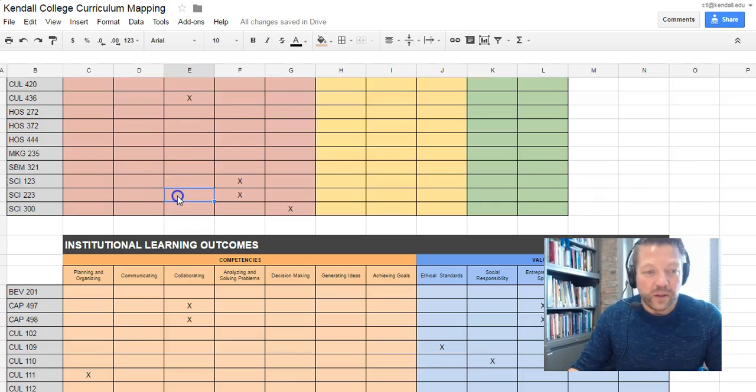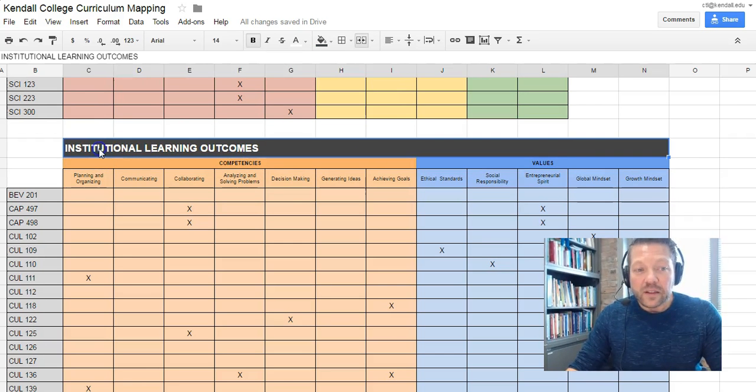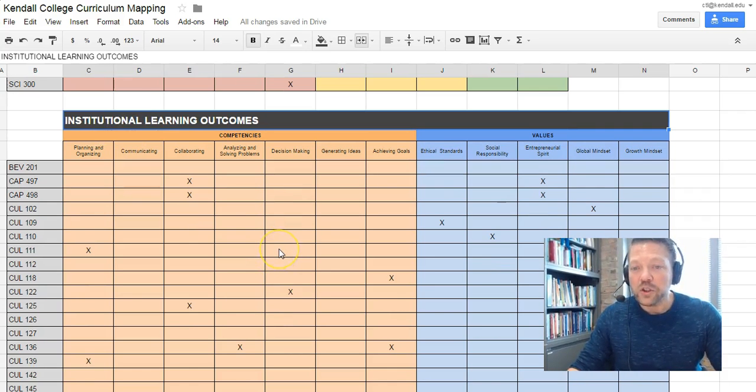in this same document and I can see institutional learning outcomes, which includes competencies and values. They're considered institutional because all instructors of all courses in all programs are working to achieve these same competencies and values. If again I'm looking at Culinary 118, I can look across and I'll see that achieving goals is a competency that has been mapped to my course.